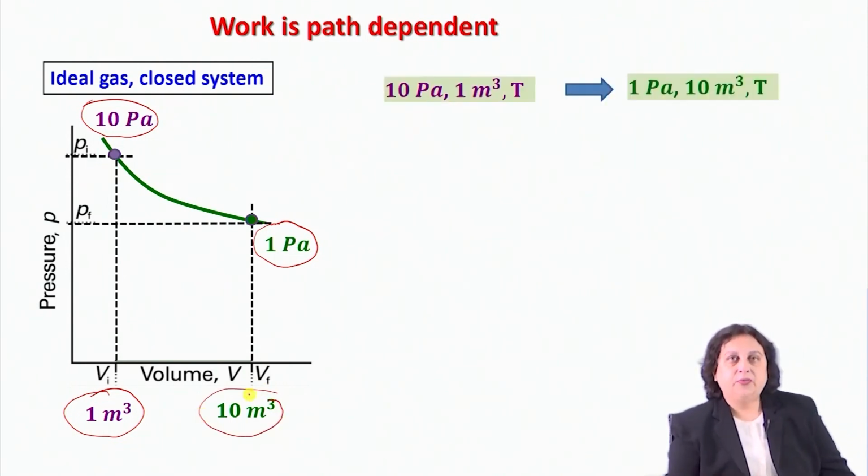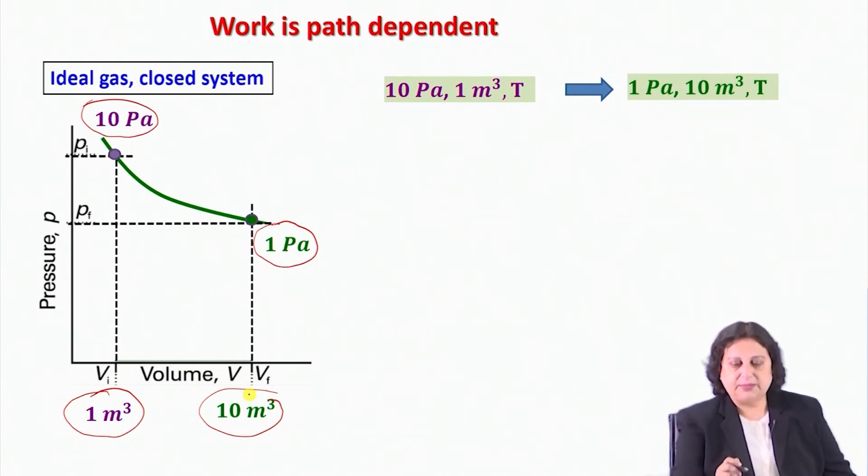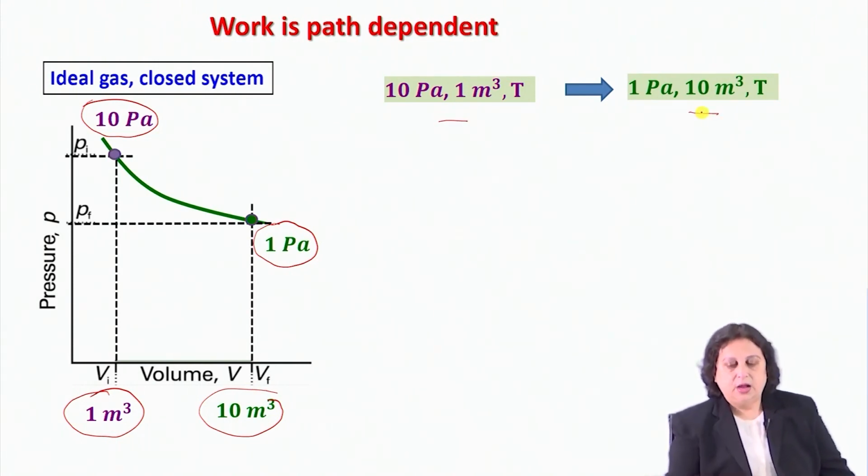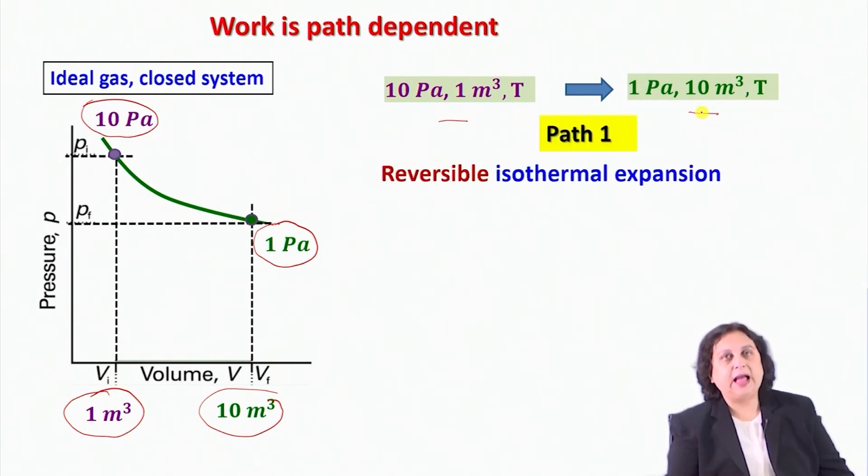Therefore, when I am looking at the change in state, this is my initial equilibrium state and this is my final equilibrium state.